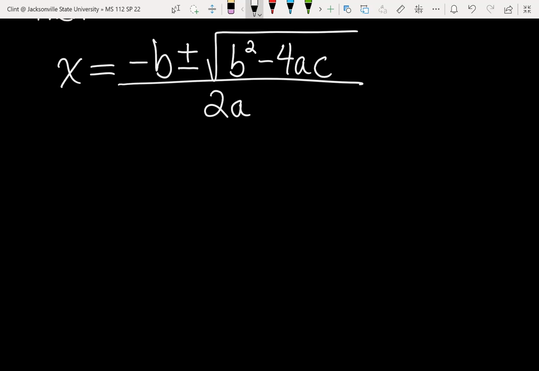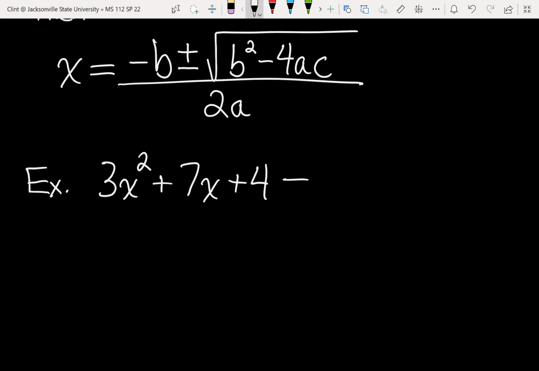So let's see. Here's one that I would say is a good candidate for the quadratic formula: 3x squared plus 7x plus 4 equals 0. I would say that's a good candidate because we have a 3 leading coefficient, so I may not want to factor.